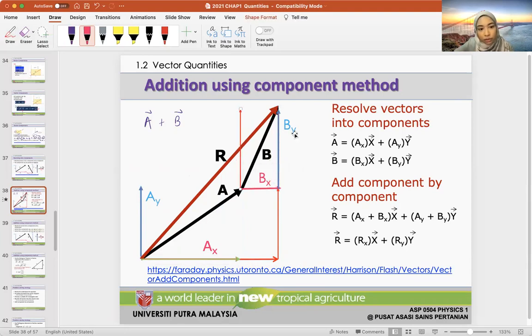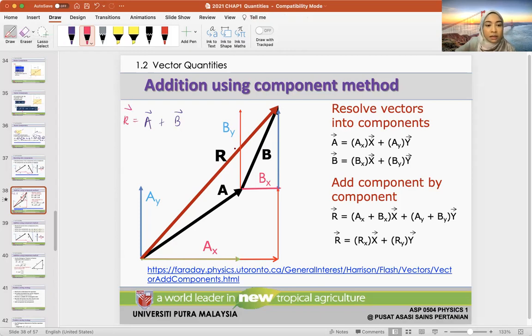I want to add these two vectors. So I resolve them into AX and AY, BX and BY. I have to add the X components together and the Y components together. So this is the resultant.